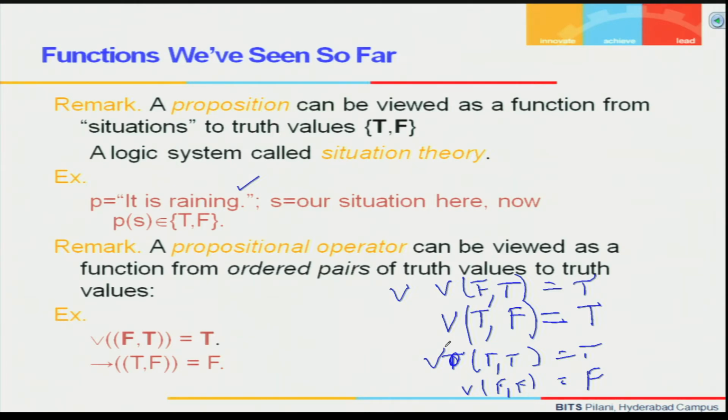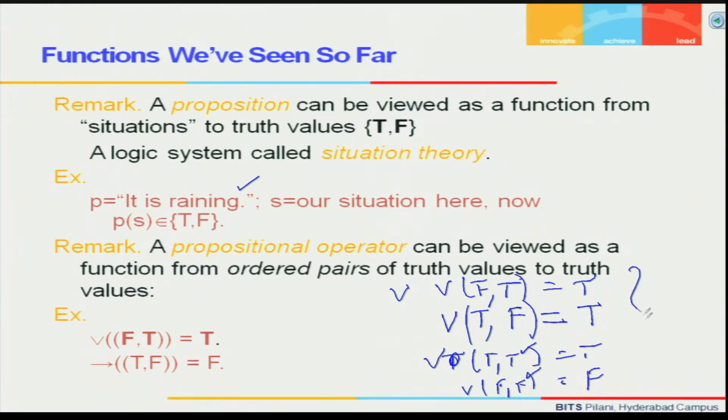Yes, definitely they are operators, but if you carefully observe, they are functions as well. They are functions acting from ordered pairs of truth values. What are they? False comma true is an ordered pair, true comma false is an ordered pair, true comma true is an ordered pair, false comma false an ordered pair. You got all these ordered pairs, and this operator or function OR is taking an ordered pair and it is associating a value from the set true or false.